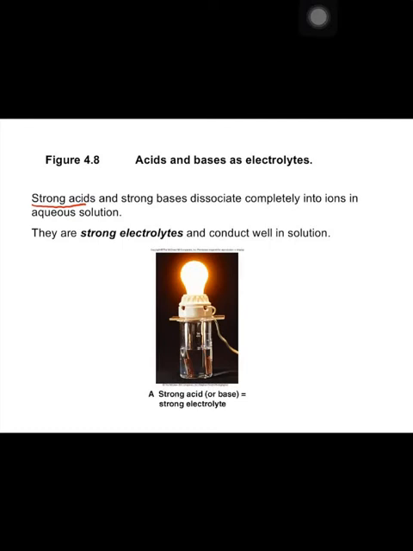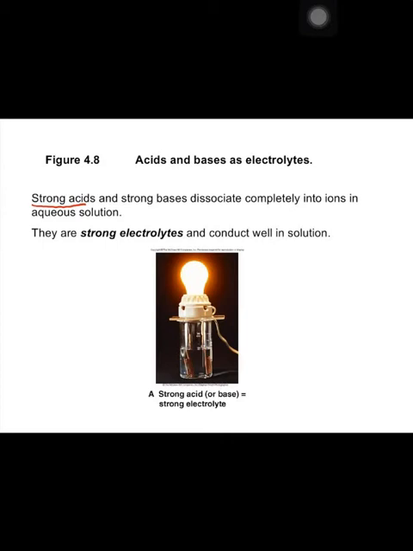Concentration of hydrogen and hydroxide ion. Okay, so we know that both strong acid base and weak acid base will produce a different concentration. And for strong, dia akan hasilkan high or low concentration? High. Kenapa dia boleh hasilkan high concentration of H plus or OH minus?